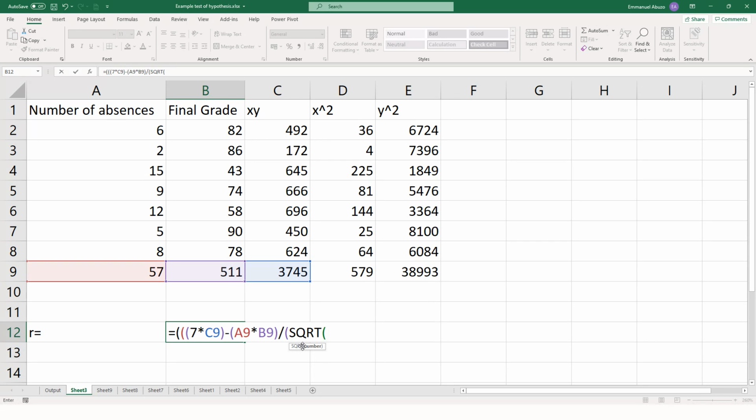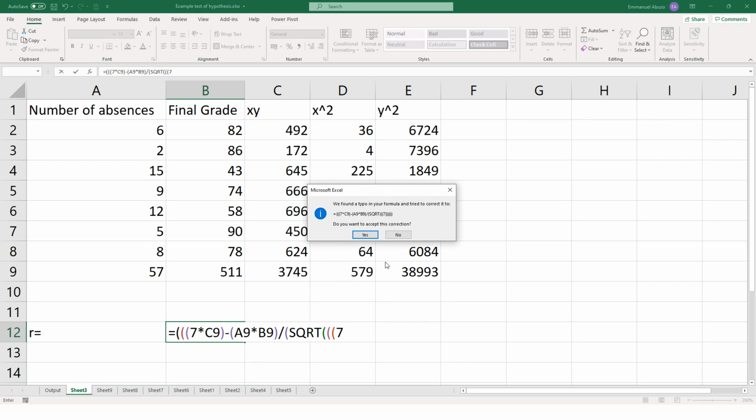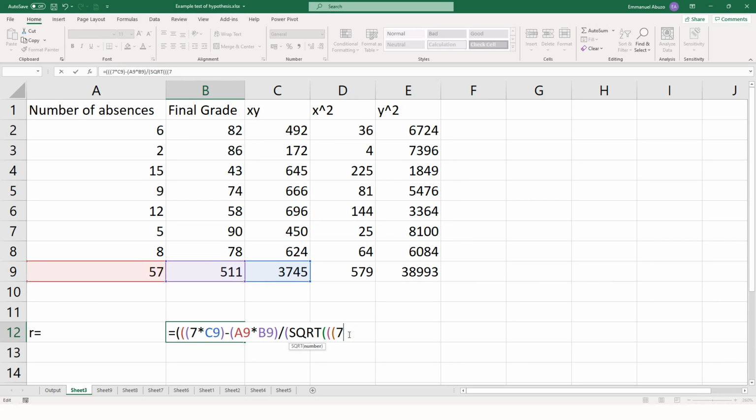So let's have another open parentheses, then another open parentheses for n times the sum of the squared of x. So 7 is our n times the sum of our x squared. Okay, so you have this one. Okay, so times the sum of x squared.